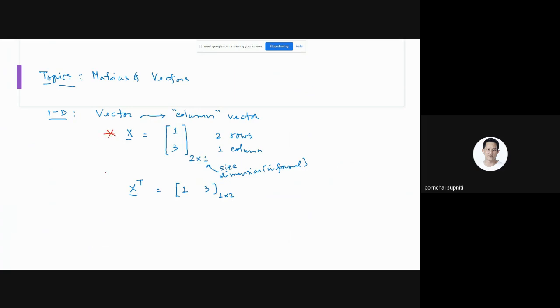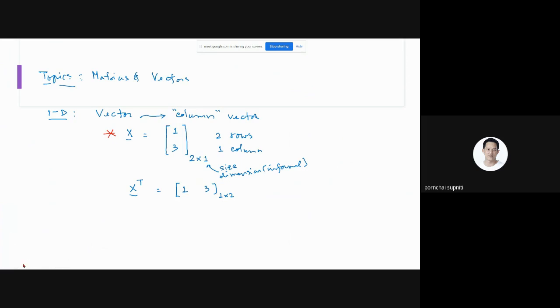So that we don't get confused later when we talk to other people or when we write the code, and when there's some very long expression with a lot of vectors and matrices connected together, everyone talks in the same language, the same definition of vectors and dimension. So that's first of all.